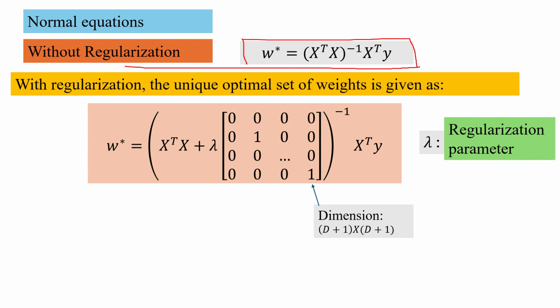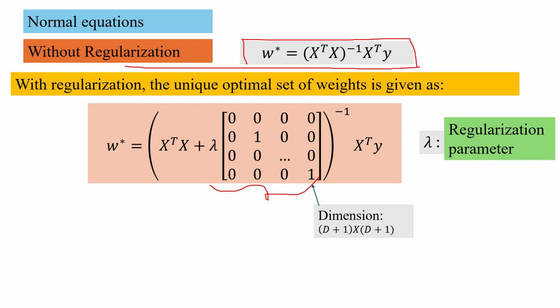With regularization, we make these changes. So we have added this component. It is nothing but lambda multiplied by a matrix whose dimension is d plus 1 cross d plus 1, where d is the dimension of the data.